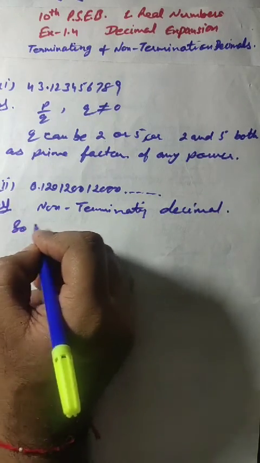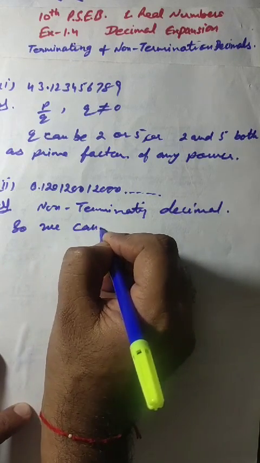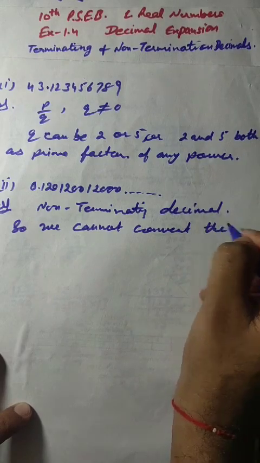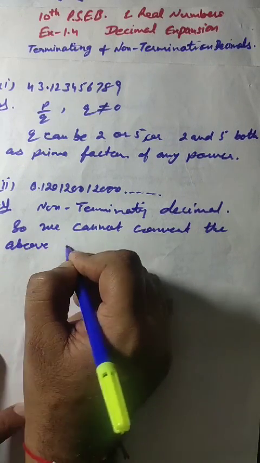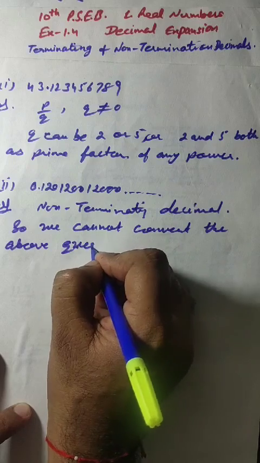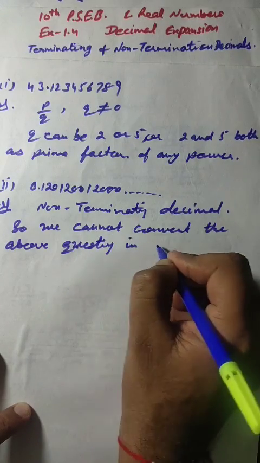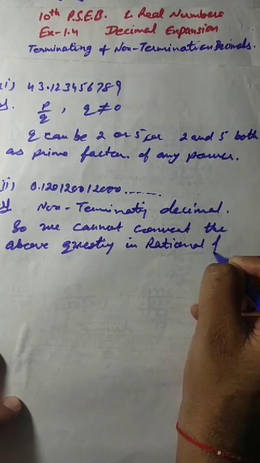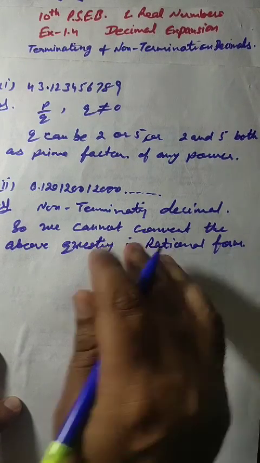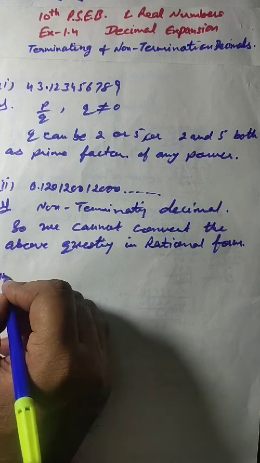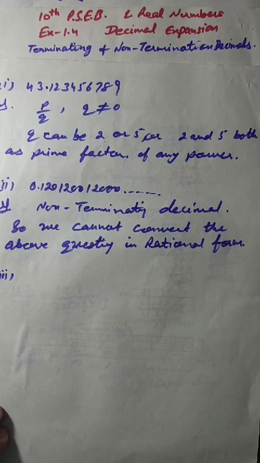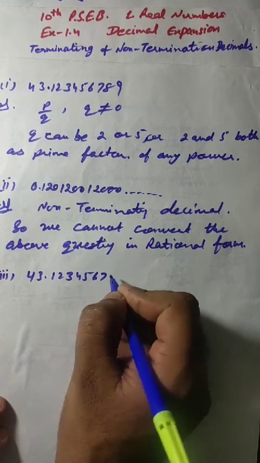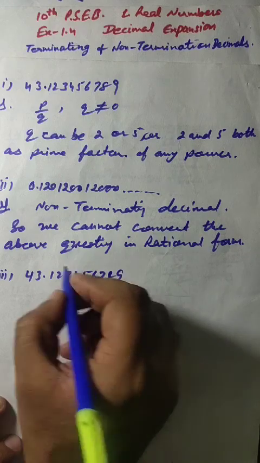So we cannot convert the above number in rational form. We cannot convert this in the form of p by q.